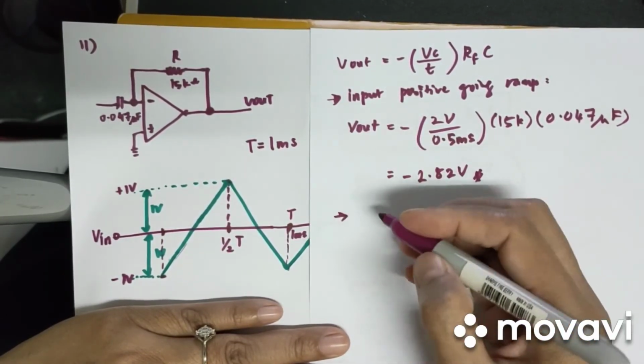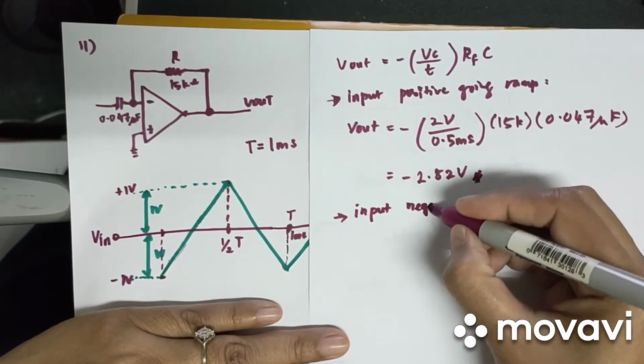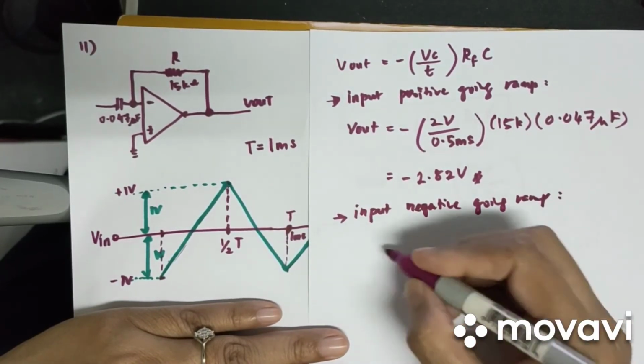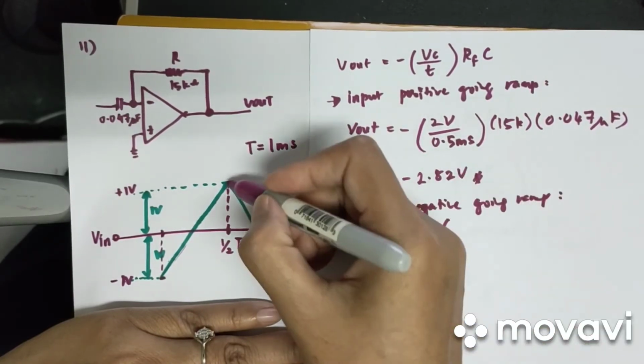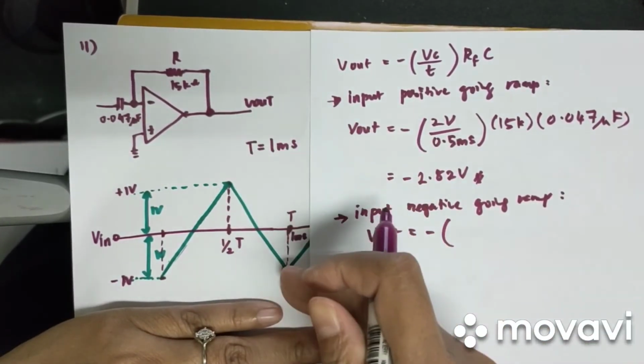For the second V out value, when the input is negative going ramp, from here to here is a negative going ramp. The slope is negative.